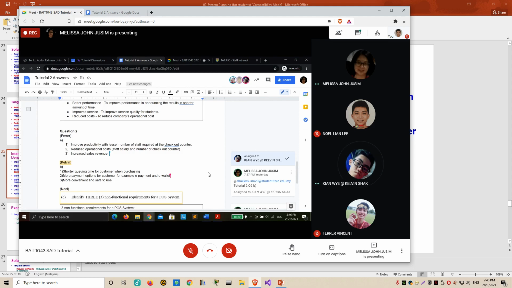Maybe no, because it says it's a point of sale system. We don't go to the checkout counter to get refund. Normally we go to the customer service department. It's not relevant to the point of sale system.